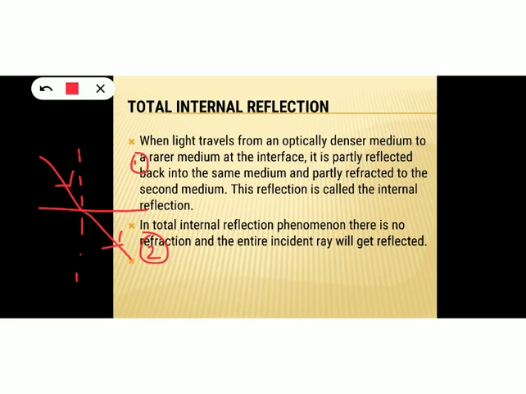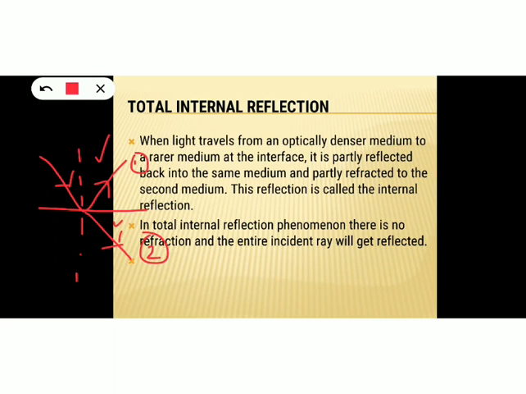Again, it is not necessary that the whole of the incident ray is refracted. A small portion of the incident ray is also reflected back. So at the boundary, the incident light is partly reflected back into the same medium and partly refracted into the second medium.